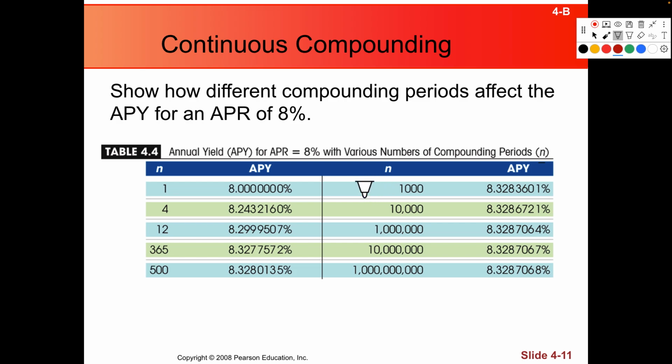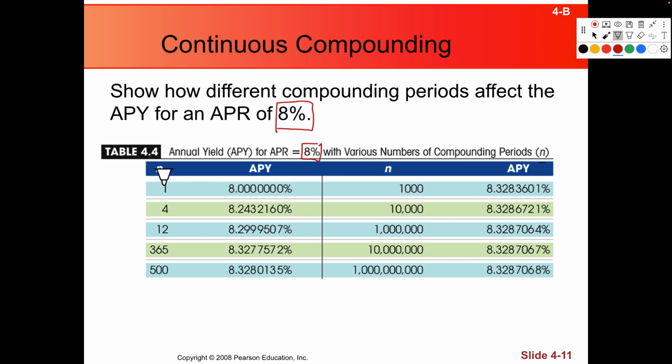Here's an example. The effect of compounding at 8%. The more often you compound, the more often you pay the interest, it's like getting a higher interest rate. So all of these calculations are done with an 8% interest rate, but the effect of compounding.